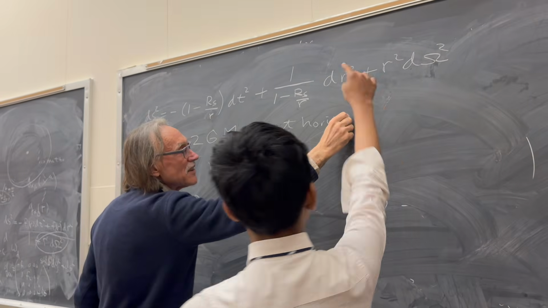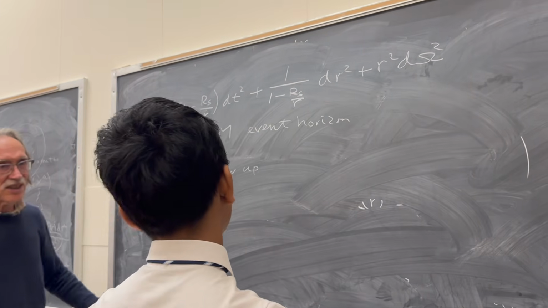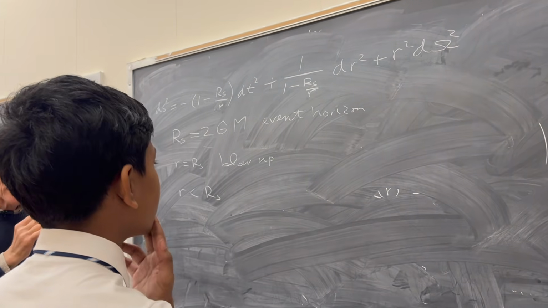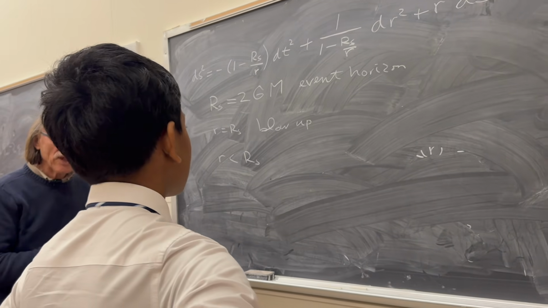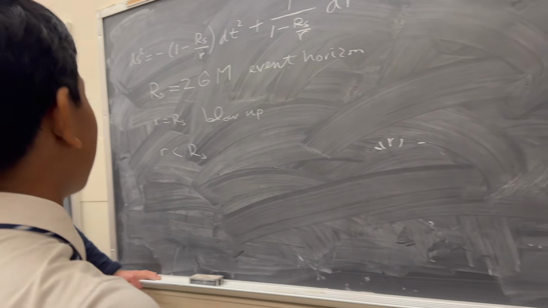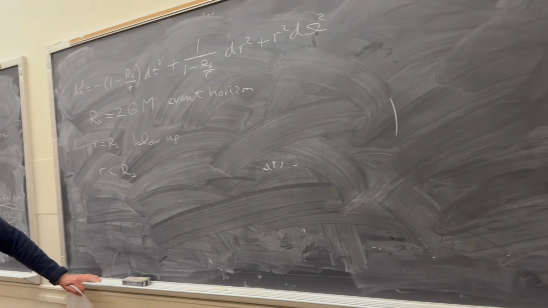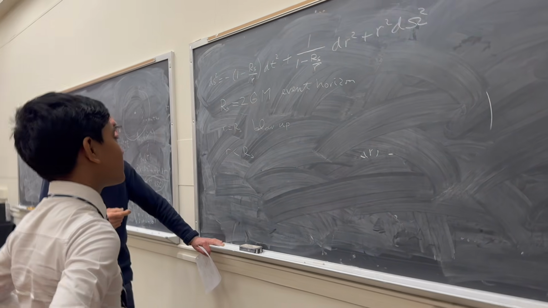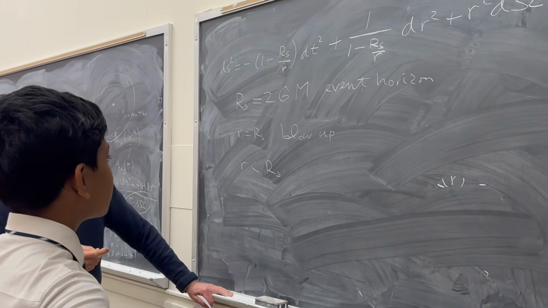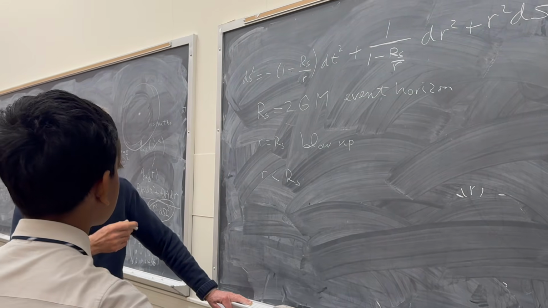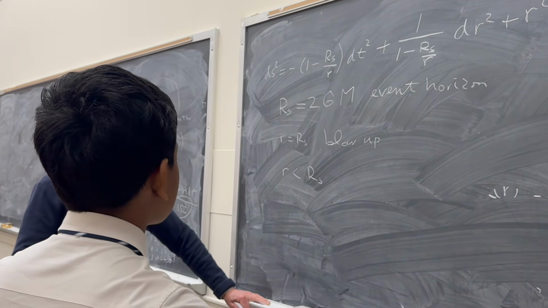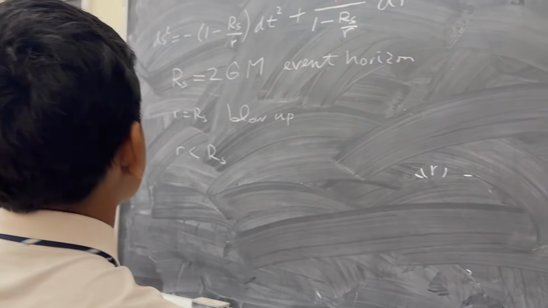That term suddenly becomes negative if r is less than rs. That's still okay. But the worst thing is when r is equal to rs. It is still okay because we don't know yet if this singularity is due to our choice of coordinates.